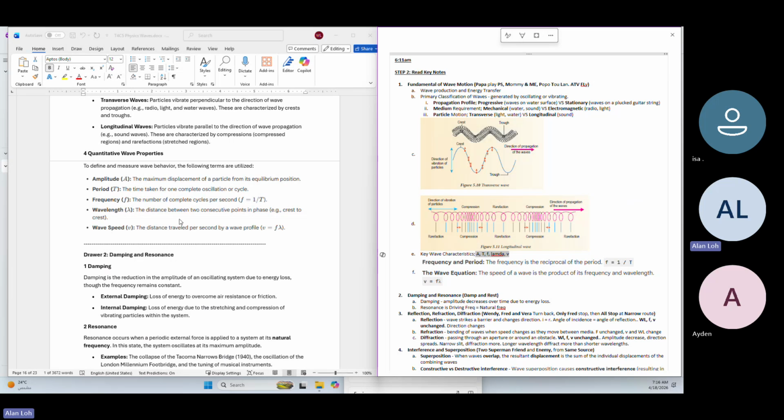F is the frequency, lambda is the wavelength, V is the speed. So how do I remember these key wave characteristics? I remember it by there's an ATV, all-terrain vehicle, fly. Okay. So from there, you're able to remember these are key wave characteristics.